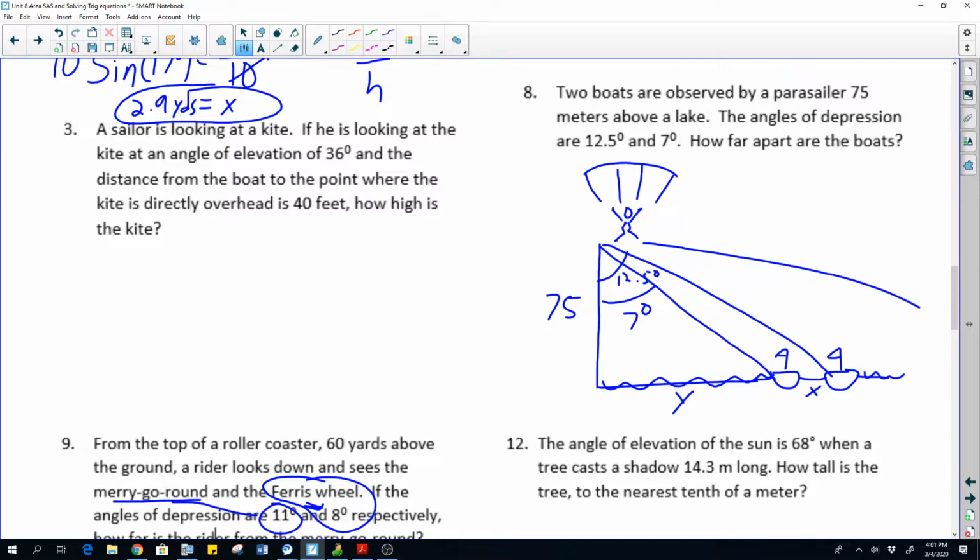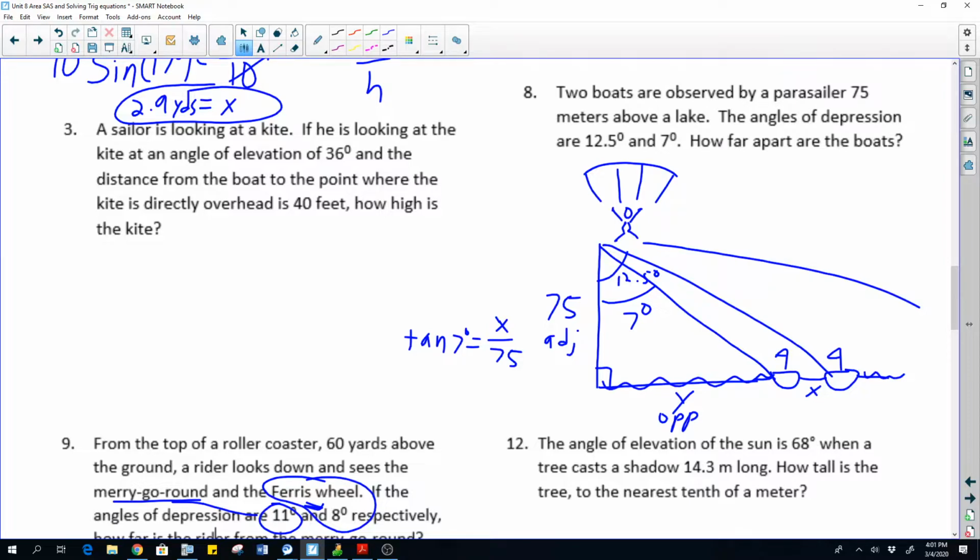So with our 7 degrees, opposite, good. And then this is the right angle, and that means this is adjacent. So we're going to use opposite over adjacent, which is tangent. So we have tangent of 7 degrees is equal to opposite y over adjacent 75.